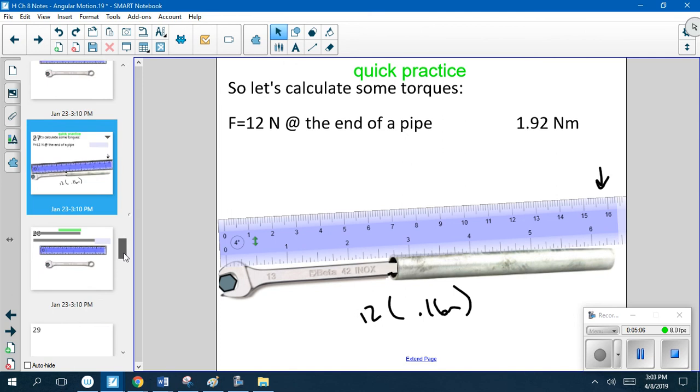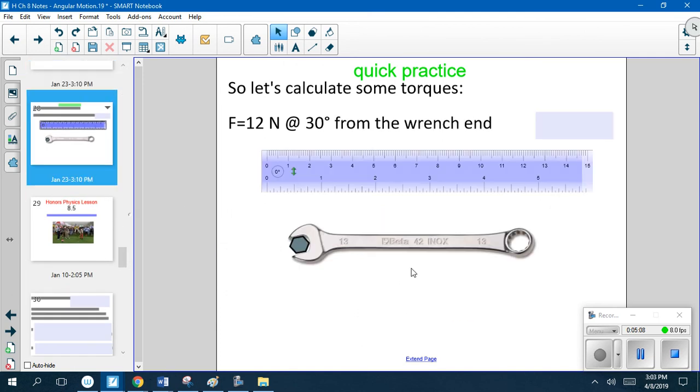But what if now, instead of going perpendicular, we go on an angle? We apply a force at the end of the wrench, but now it's at 30 degrees. Now all of our force isn't going to move it this way or this way; it's going a little bit that way and a little bit this way, so that's going to take away from our force.